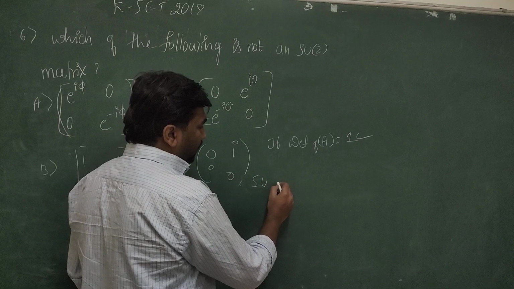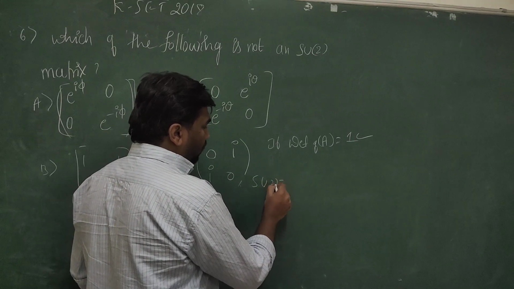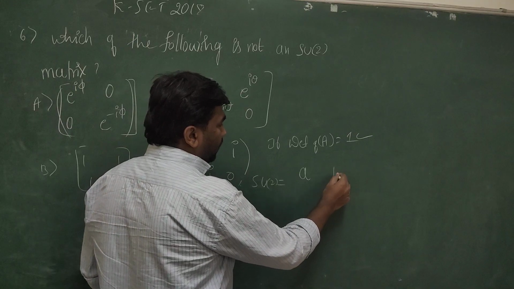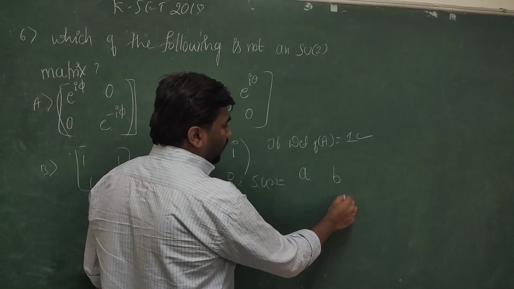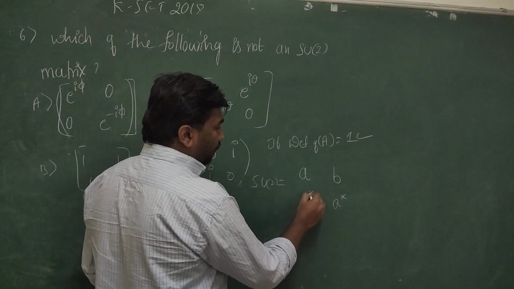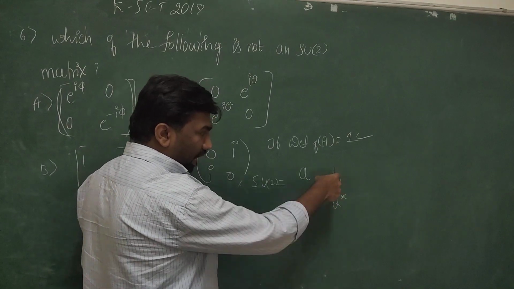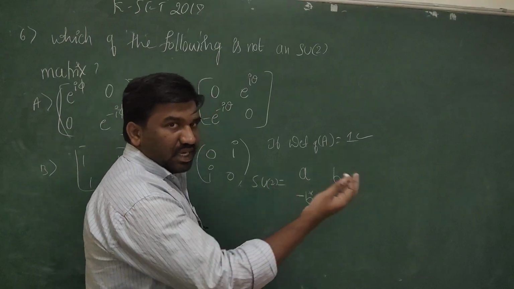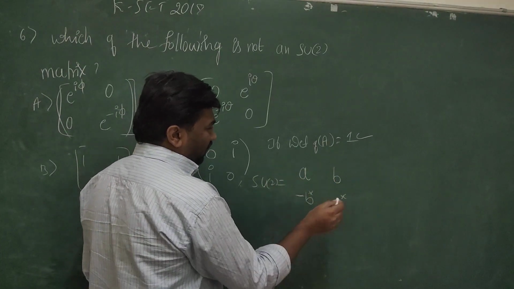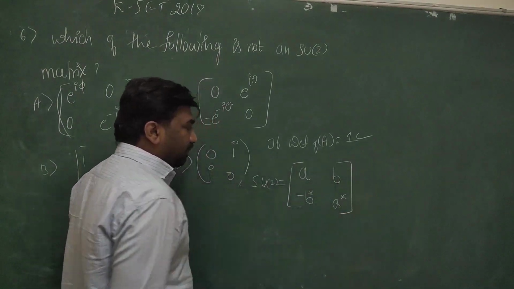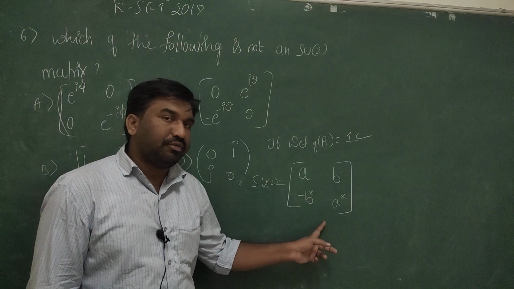For a 2 cross 2, it is A, B, then minus B star, A star. Going diagonal-wise, up to down we take a minus, in the anti-clockwise direction, simply for remembering purposes. So this condition you have to verify.